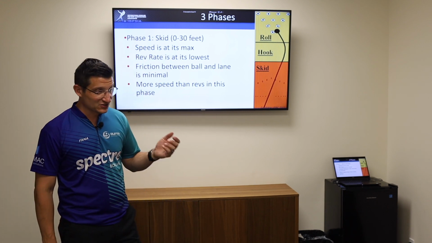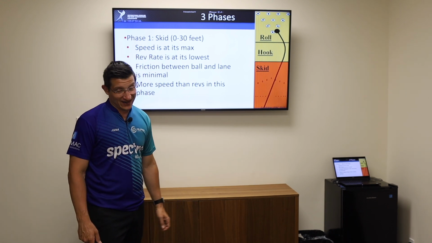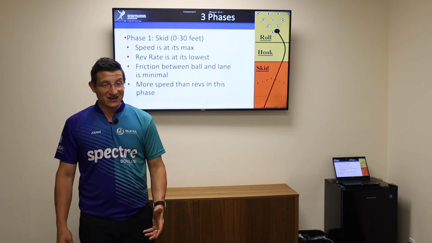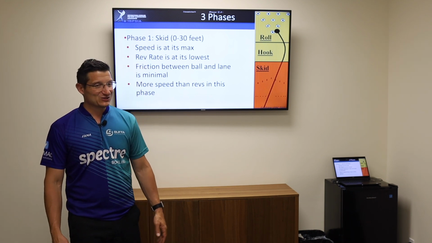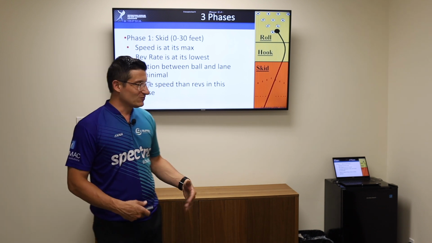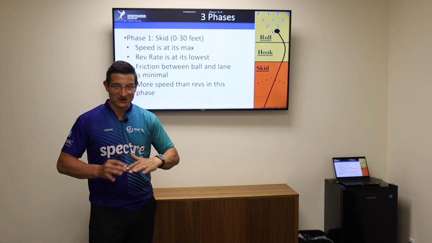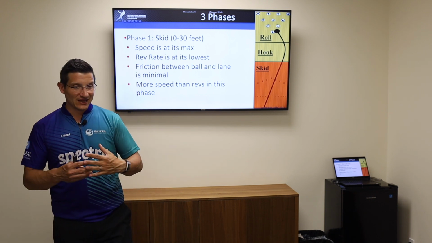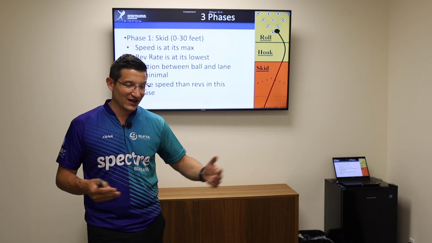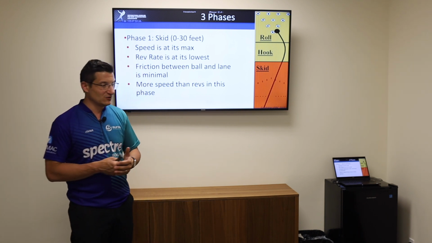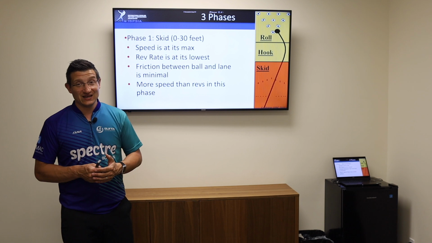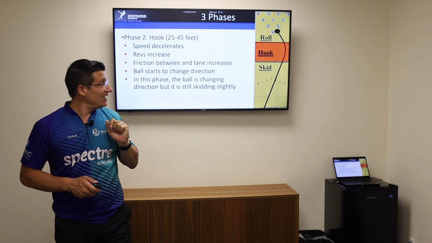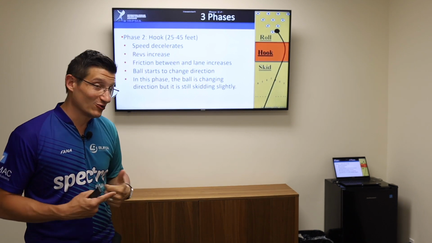Okay, obviously if we're talking game 8 in an 8-game tournament and you're trying so hard to play the same line for 8 games, unfortunately there's no more oil on that line, so you might not get that much skid. Again, we're talking in a test tube here where everything is perfect, where the front part of the lane is very well oiled, but like I said, later on in a tournament and obviously higher end tournaments and also higher end players might see earlier friction in this supposed skid zone and basically making their ball hook too early, okay?